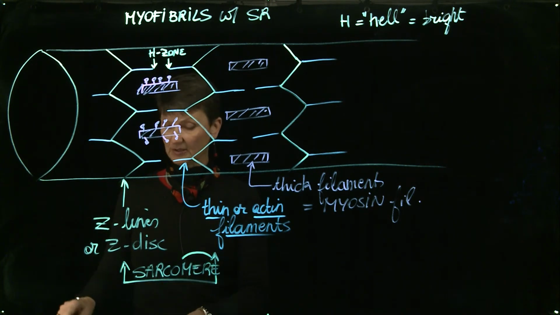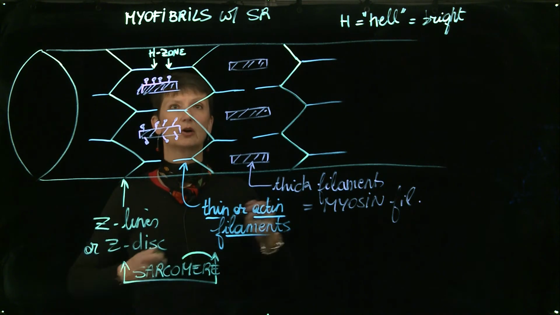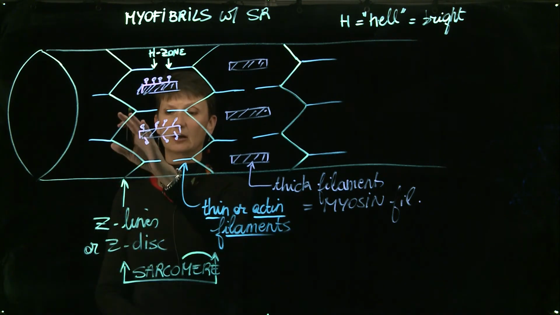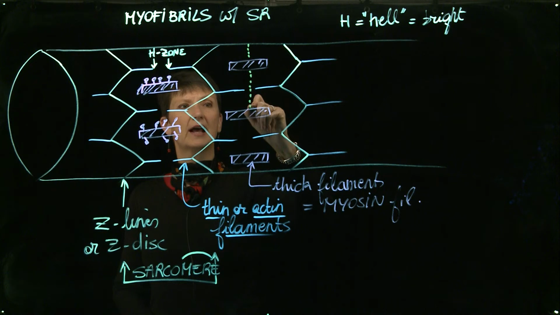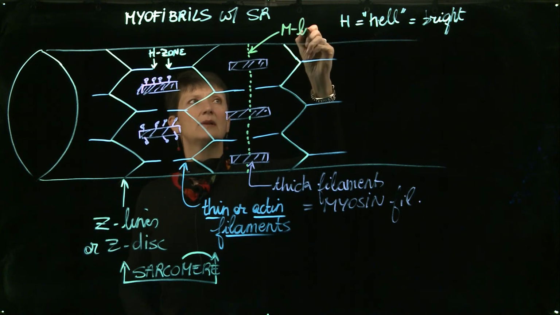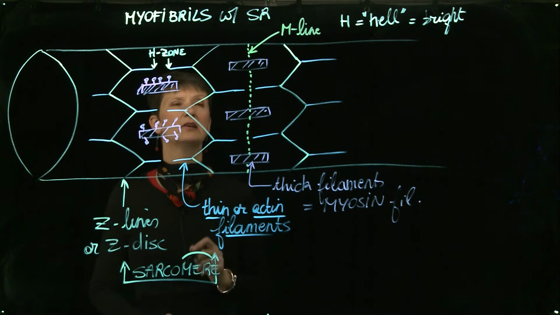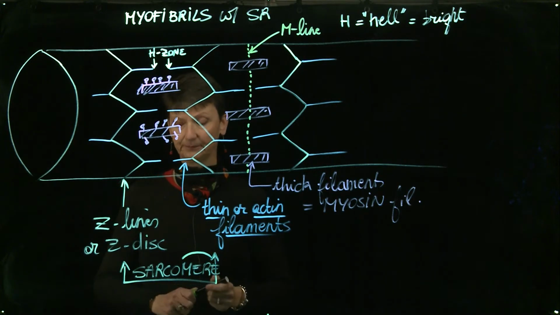But I forgot to tell you what the thick filaments are anchored with. The thin filaments are anchored with the Z lines. The thick filaments have an analogous protein, and we call it the M line. So the M line is made up of proteins that hold on to our thick filaments.